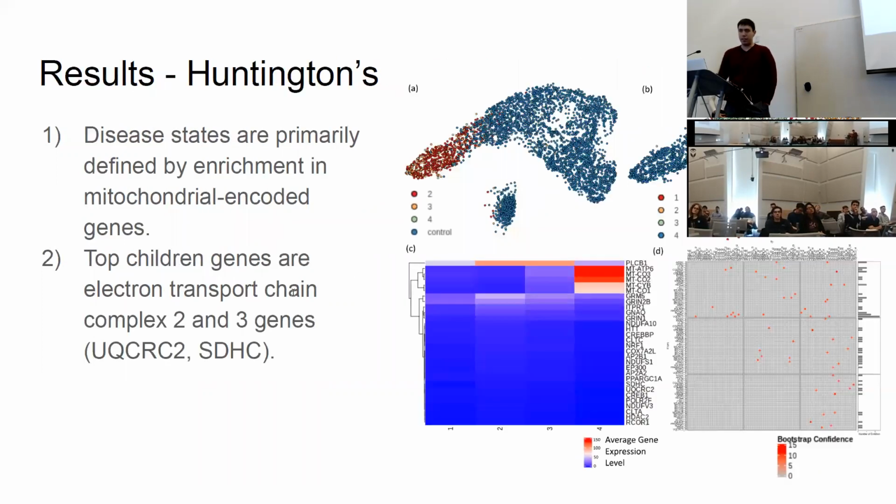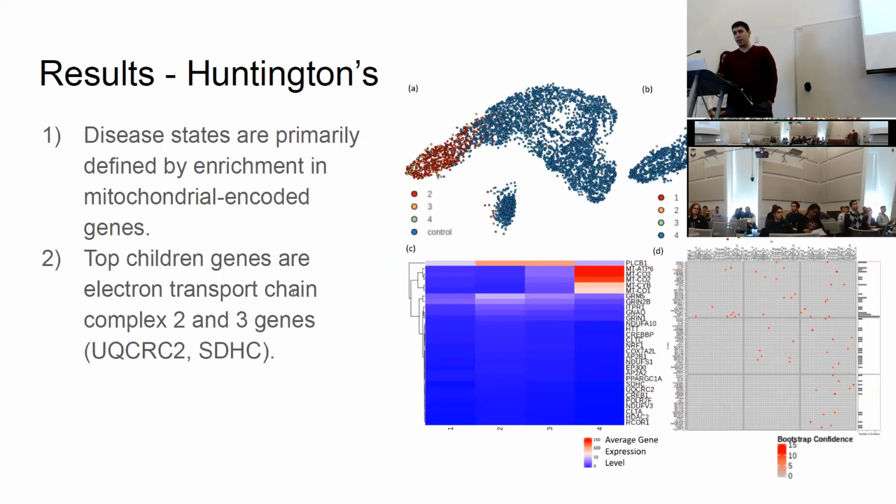And when we do clustering, in this case we used Leiden, which clusters based on connectedness, you see a more linear relationship in terms of disease progression. Then we did the exact same type of network analysis we did for AD, and we found 4 disease states, where state 4 was more associated with disease. State 4 particularly recapitulates a lot of what has been seen in the literature with regards to mitochondrial RNA expression in HD.